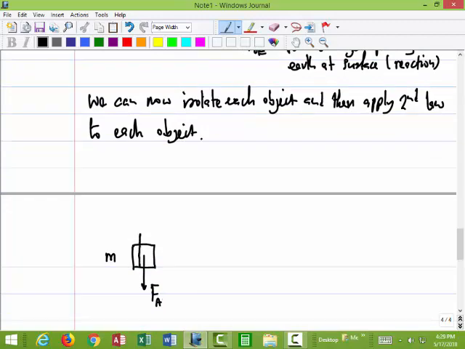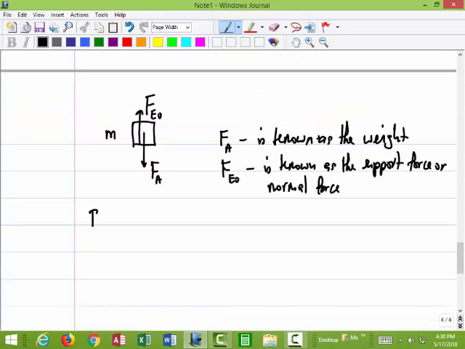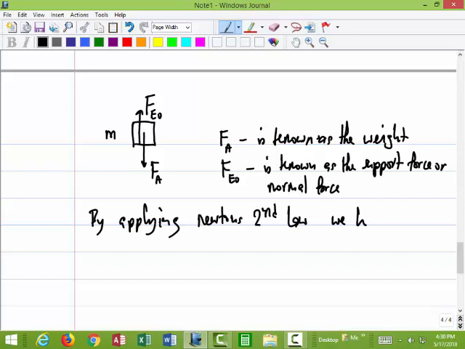And the other force acting on the object is the support force, which is the force of the earth on the object. So F subscript A is the weight of the object, and F_EO is known as the support force, or in some books it's called a normal force. By applying the second law, we have the following.